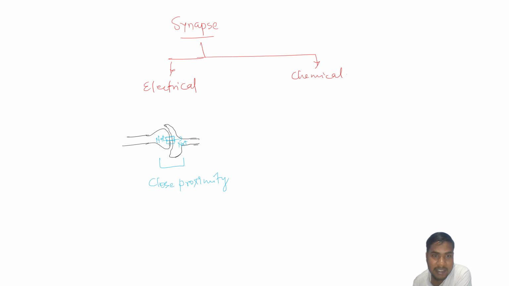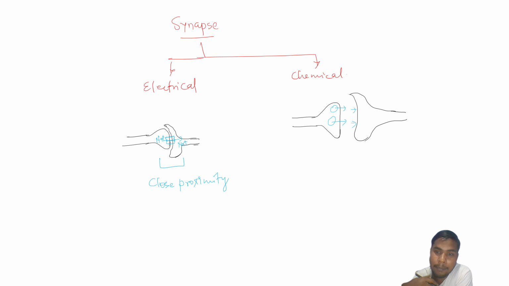But in chemical synapse, the pre and postsynaptic neurons have a little gap. The chemicals are secreted from the axon into the synaptic cleft and reach the dendron of the next neuron.